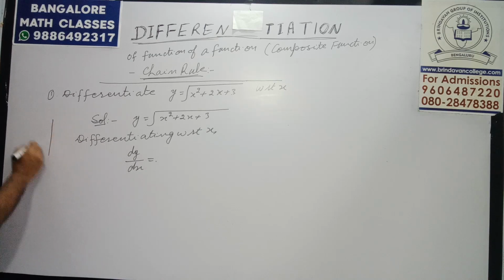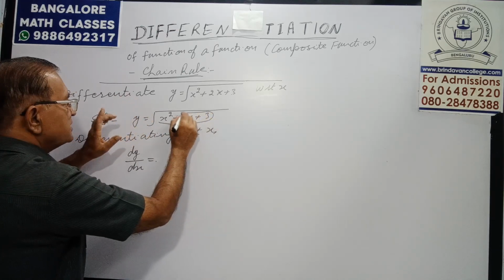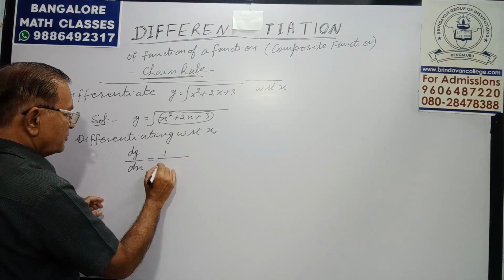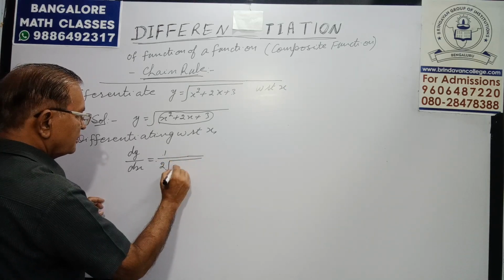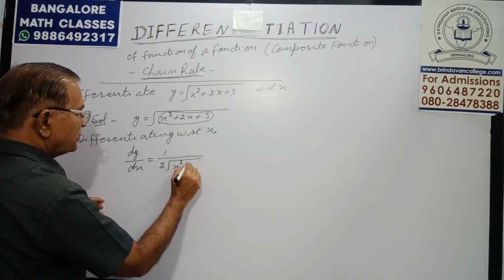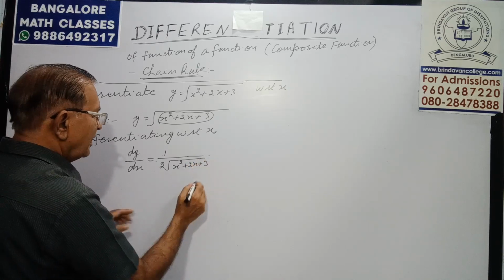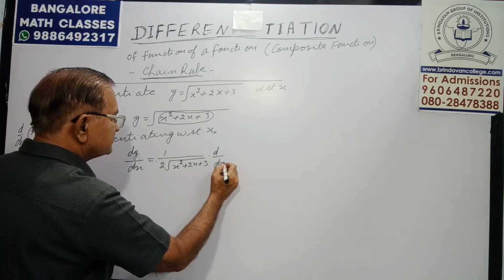We know d by dx of root x is 1 by 2 root x. Take this whole as x, assume it as x in your mind, and differentiate. 1 by 2 root of x square plus 2x plus 3. As it is not x, go for the d dx of this part.